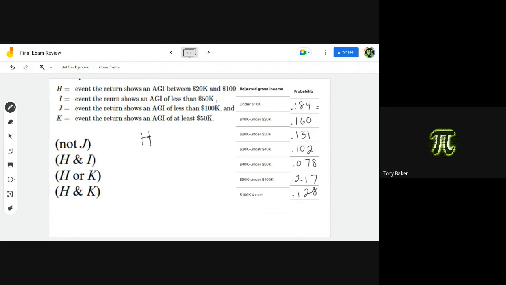So we've got 1. So you got 528. And then I was less than 50K.